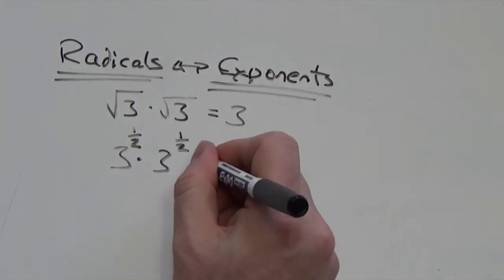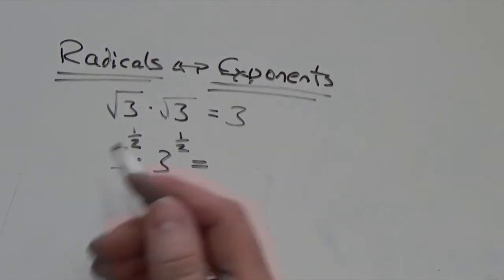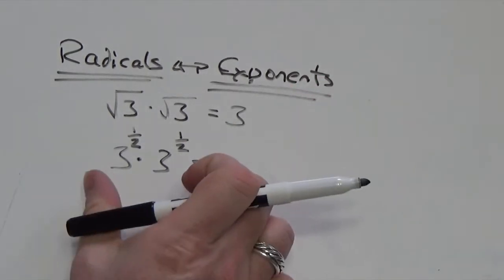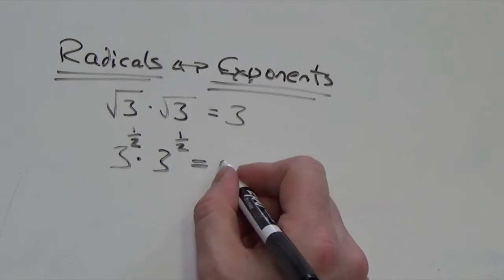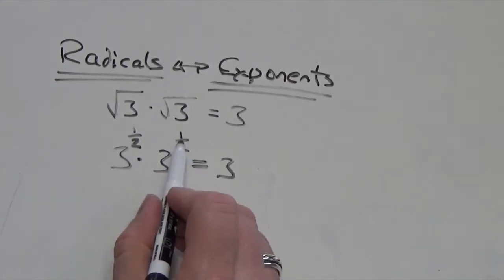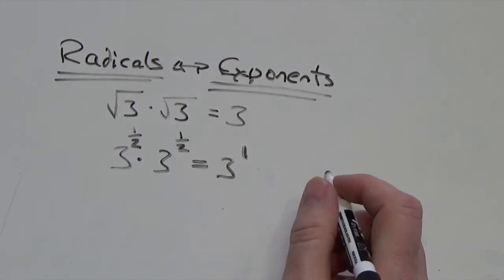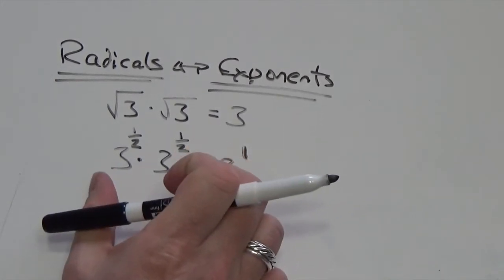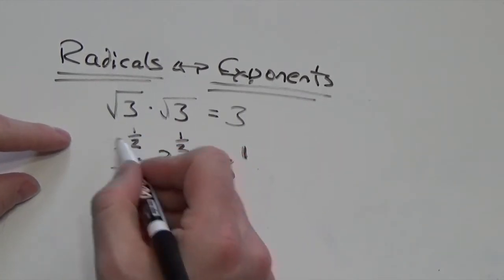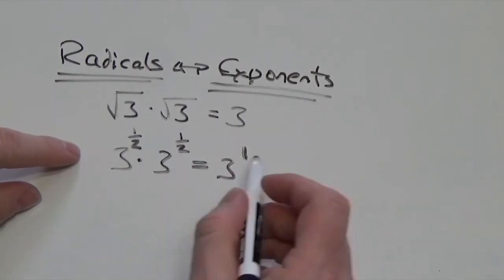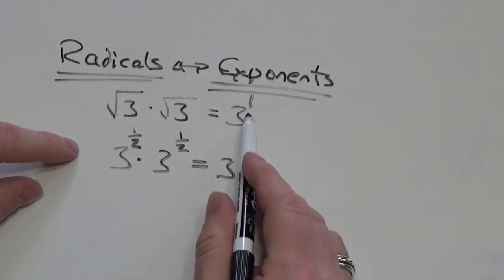Now, I'm choosing these very, very specifically because I know that when I multiply those together, I add the exponents, and I know that 1/2 plus 1/2 is equal to 1. So this is not an arbitrary decision, but I'm zeroing in on these exponents because I already know that when I put those together, I'm going to get a 1, just like up here.